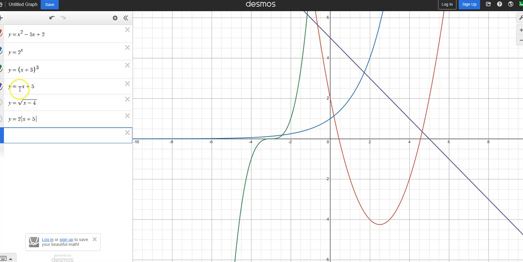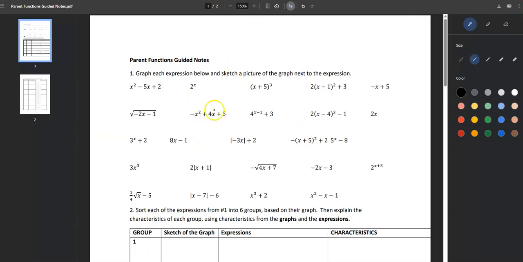Then I've got the negative x plus 5, that's this purple line. And then the square root of x minus 4 is the blue line. And then I've got 2 absolute value of x plus 5, this other red line here. So I've got all these different things, and none of these look the same because they all have different features here. And these all came from all of these here.